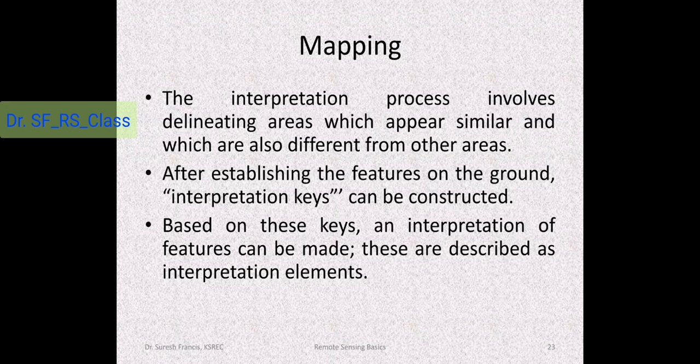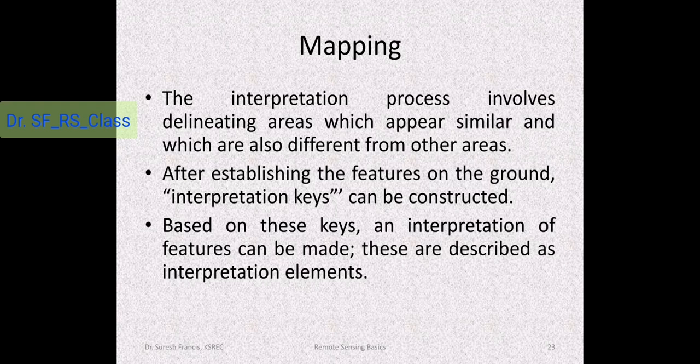So once you differentiate the boundaries, you will be able to identify this is an object. As we have told earlier, if it is a coarse texture where the canopies are not able to be demarcated, and it's a dull tone, we will be able to differentiate a deciduous forest.